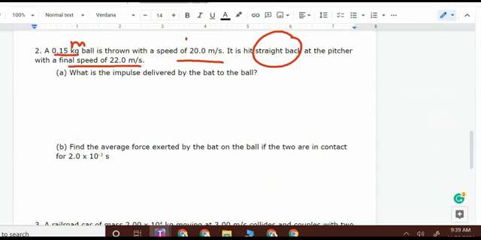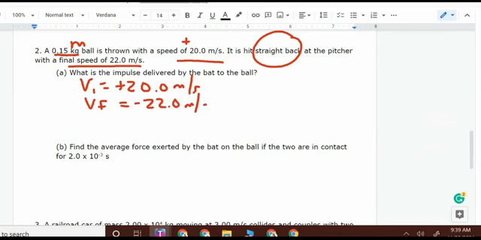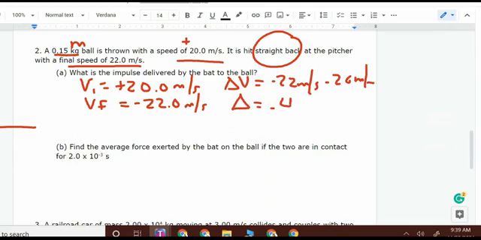If I call this positive, then Vi is positive 20 meters per second, and I have no choice but to call this negative. So this is a tremendous change in velocity. Think about the number line. That's a change of Vf minus Vi, negative 22 meters per second minus 20, so a big change of negative 42 meters per second.